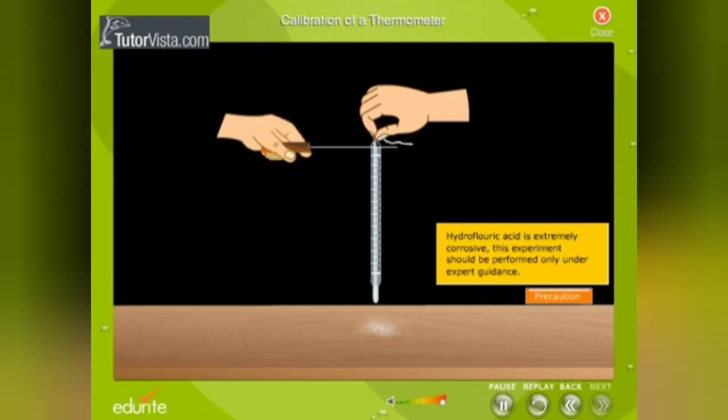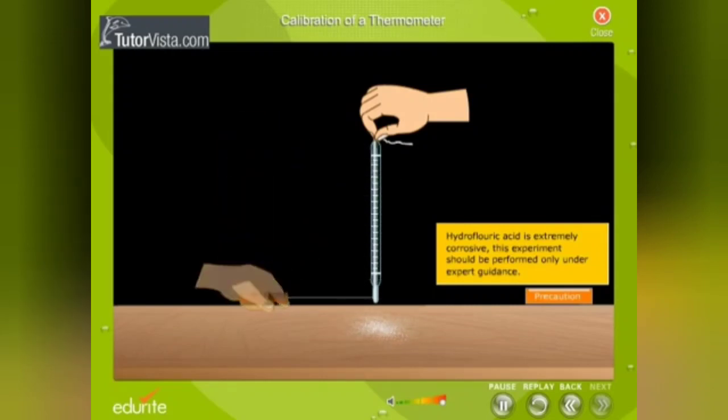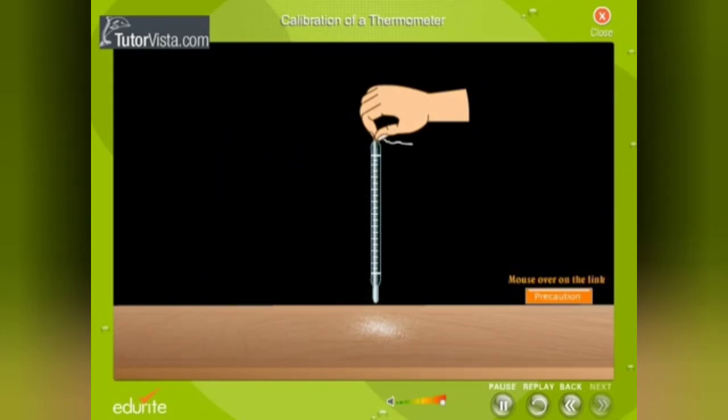The wax is now scrubbed off. The etchings are then filled with paint for clarity. This calibrated thermometer is ready for use.